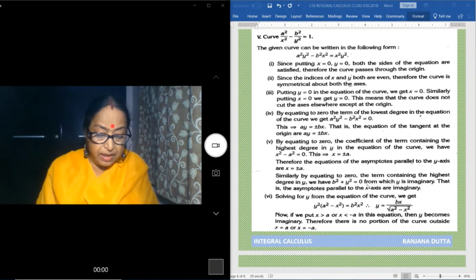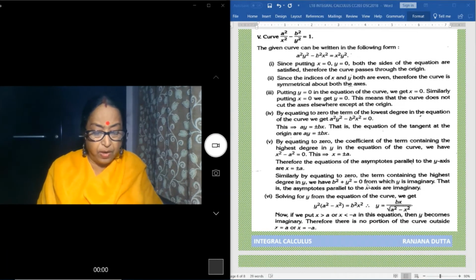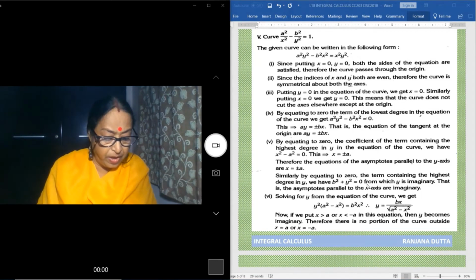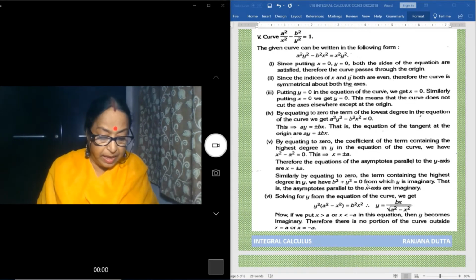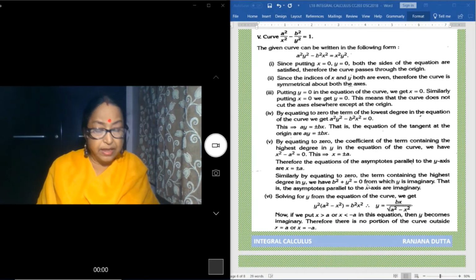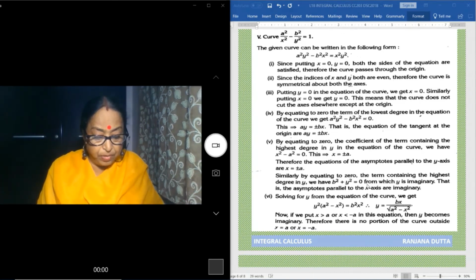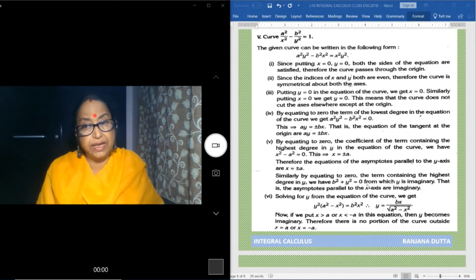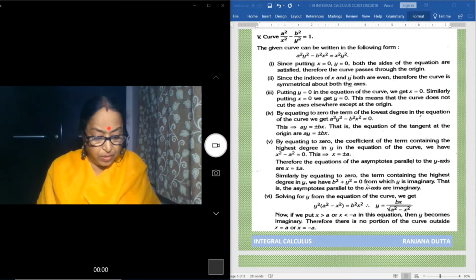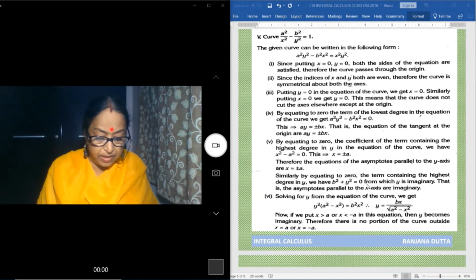Since the indices of x and y are only even powers, the curve is symmetrical about both the axes. Putting y is equal to 0, we get x is equal to 0. That is, by putting x is equal to 0, we get y is equal to 0. That is, the curve cuts only at the origin, that is x 0 and y 0.